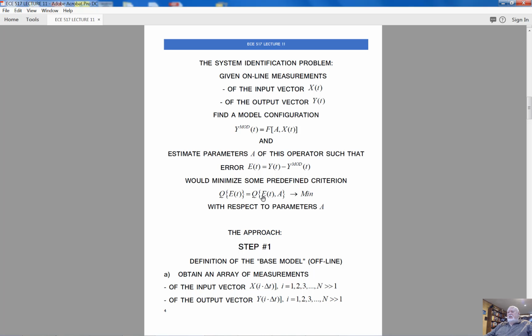We can minimize this criterion with respect to parameters A. And moreover, if we would consider criterion describing operation of our model over a sufficiently long period of time, then basically effect of time will not be seen. You will see only criterion of the goodness of the model defined as a function of parameters of the model. And then, of course, it would be a conventional minimization problem.